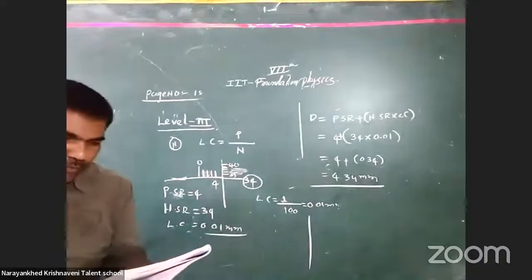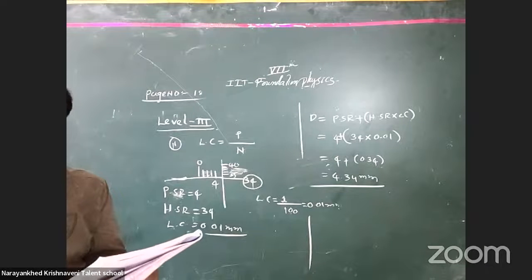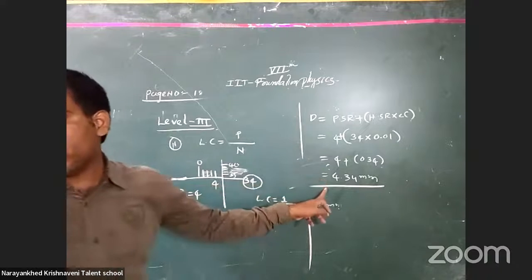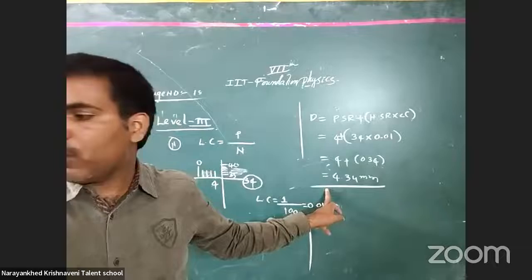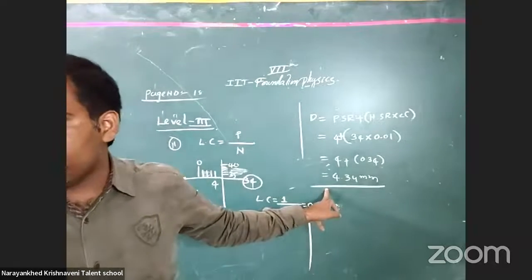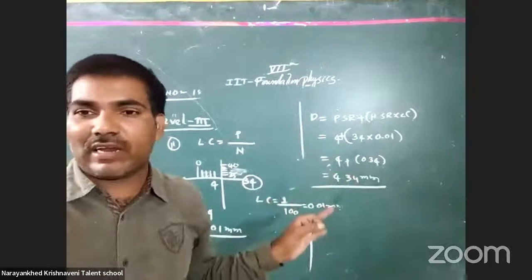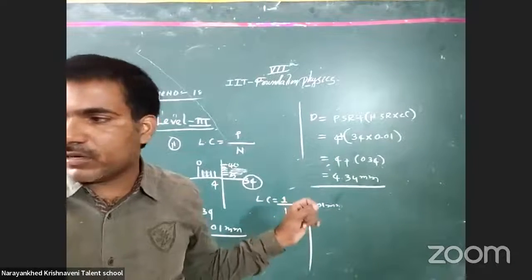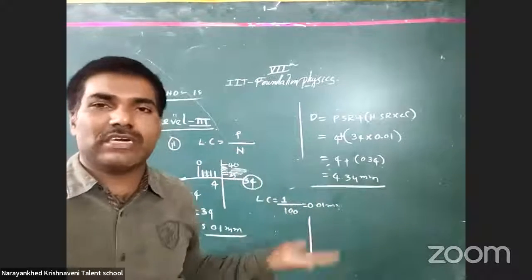What are they given here? 4.34 millimeter is there, but first is the answer. Why? Because they have given it in centimeters. The answer is given in centimeters as 0.434. It is not directly given in millimeters. 0.434 millimeters is not the correct answer, students. Every value is in millimeters, but they have given the options in centimeters, so you convert millimeters into centimeters.